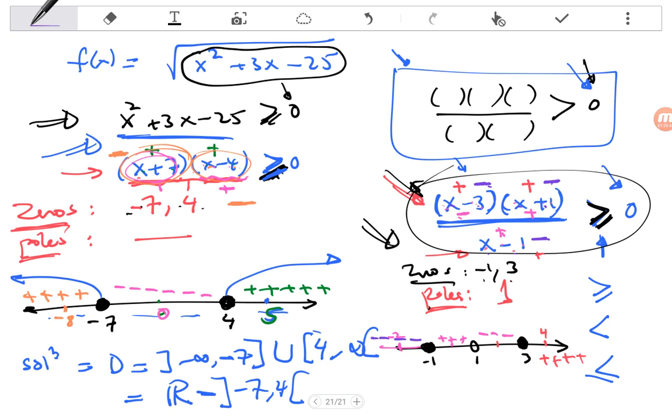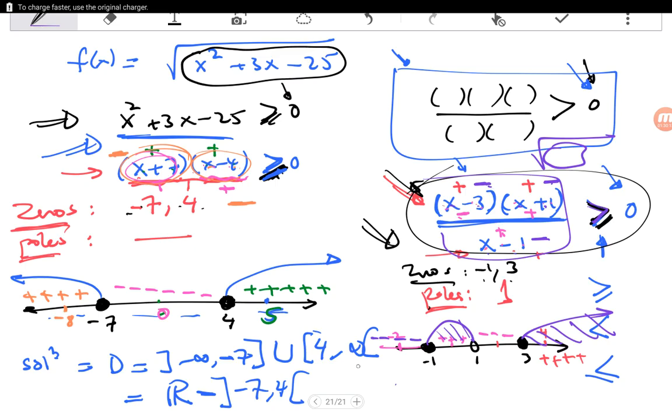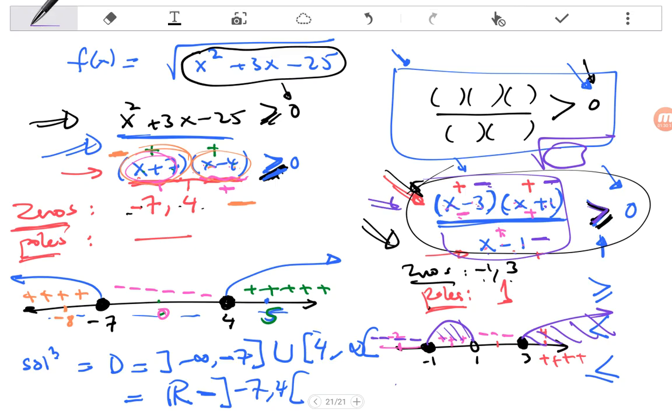Now, if I need to express the solution of this inequality, I need to find when it will be greater than or equal to 0. I will just look for the positive signs. So that will be this union with this. The domain of this expression, or if I say the solution of this inequality, it is more accurate to say the solution of this inequality.